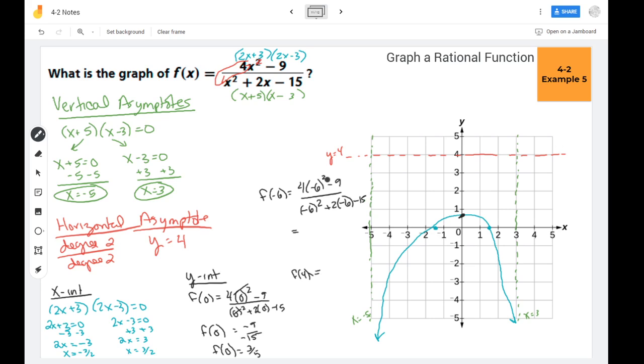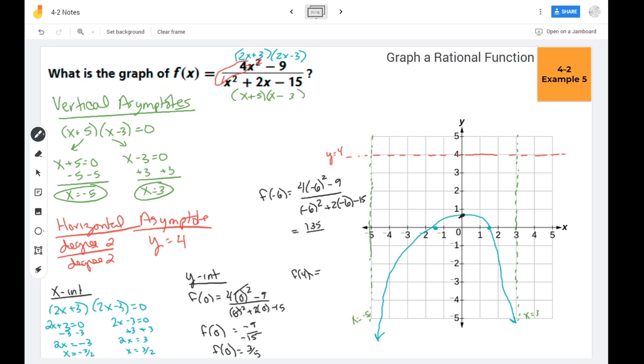Alright, so negative 6 squared is 36 times 4 gives me 144, and if I subtract 9 from it, the numerator of my fraction is 135. And down here, the denominator of my fraction, 6 squared is 36. 2 times negative 6 is negative 12, so I'm going to subtract that.